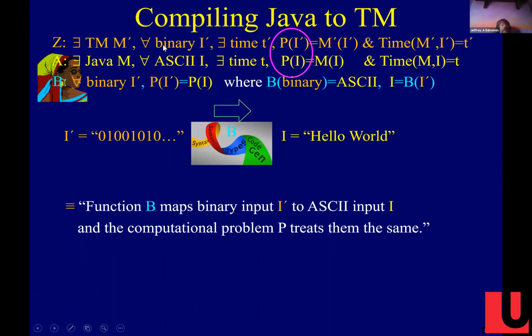I could give you those numbers in binary, and P requires that you sort those binary numbers. Or I could give you the same numbers as 1, 2, 3 in ASCII, and the sorting problem requires that you sort the numbers. I don't care whether you give it in binary or ASCII, it's the same problem. So it's just saying that the binary and the ASCII are treated the same.